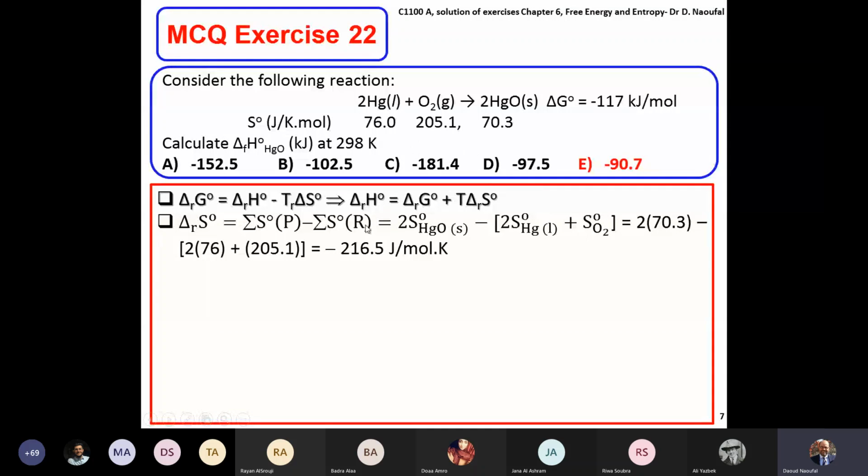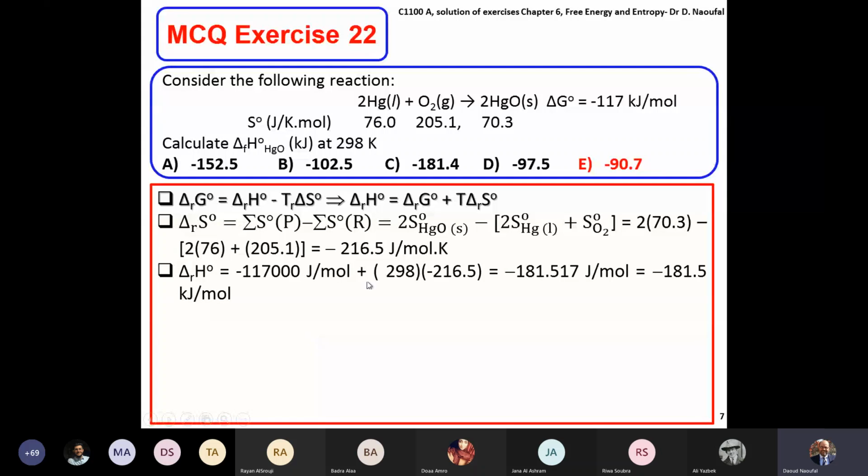We put the values of S0 and we obtain delta S0 equal minus 216.5, pay attention, joule per Kelvin. I prefer to use the unit joule per Kelvin. Joule per mole per Kelvin would mean per 1 mole of O2 reacted, so it's preferred to use only joule per Kelvin as unit.